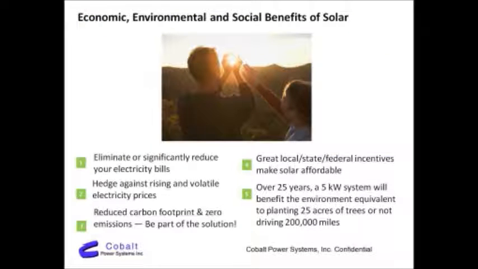So there's many wonderful reasons to put in a PV system. You can have a zero bill if you put in the appropriately sized system. It'll give you a hedge against rising electricity prices. If you have a zero bill, you don't really care what electric prices do over time because you have a zero bill, and you'll continue to have a zero bill.